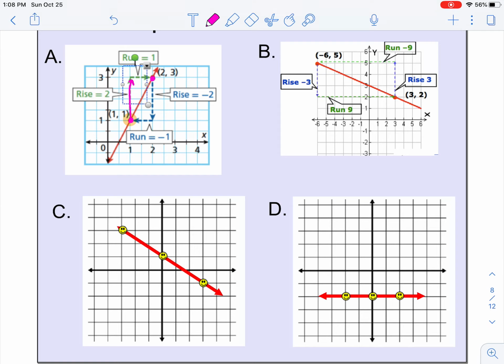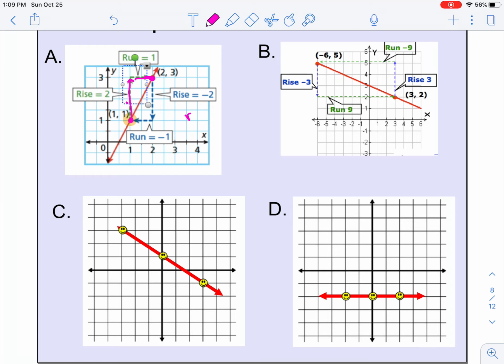Now notice that this is going up, skipping spaces, so you're really rising just 1, 2, 3, 4. So your rise is 4. Well, actually, I'm sorry, because of the spacing, your rise is actually 2. So our rise is 2 right here, and our run is 1.